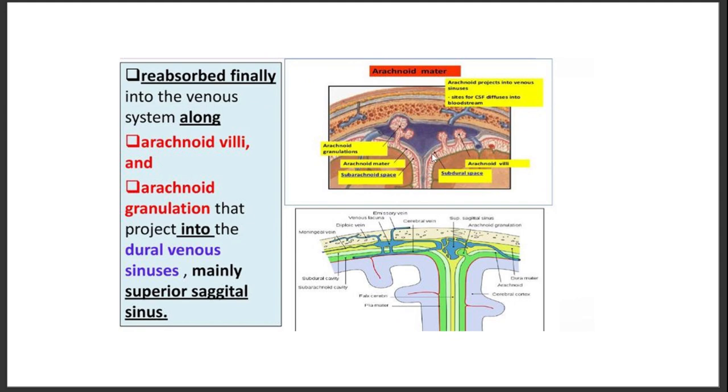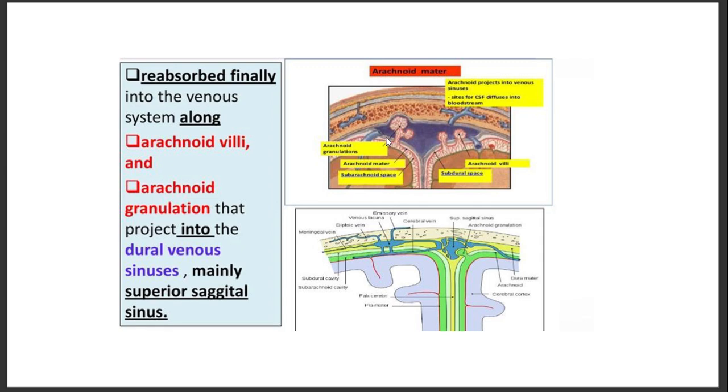This is the subarachnoid space here. Can you see these two things that are moving out? This is what we call the arachnoid villi, and then you have the arachnoid granulations. So it is via the arachnoid villi and granulations that the cerebrospinal fluid moves and flows into this big space, known as the superior sagittal sinus.